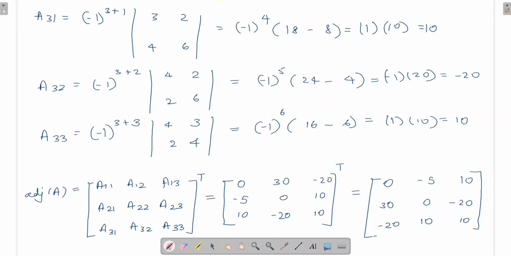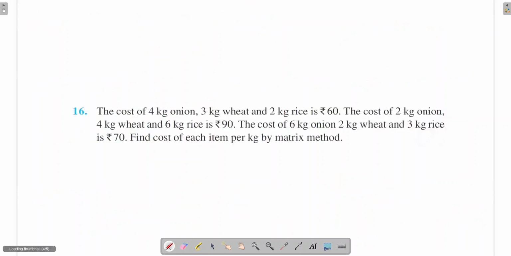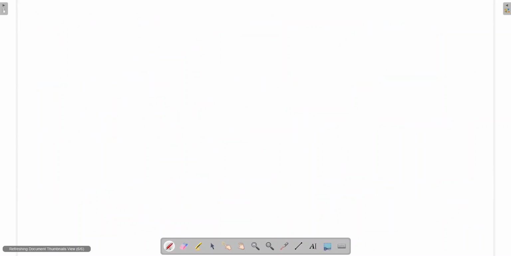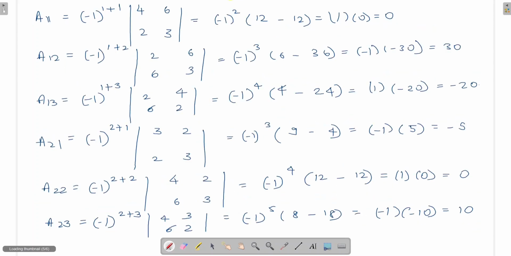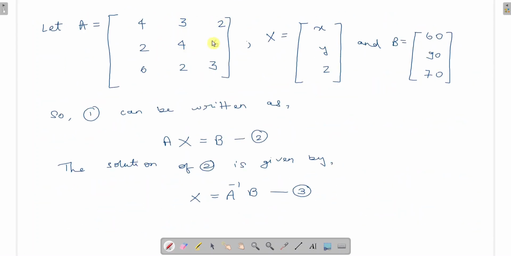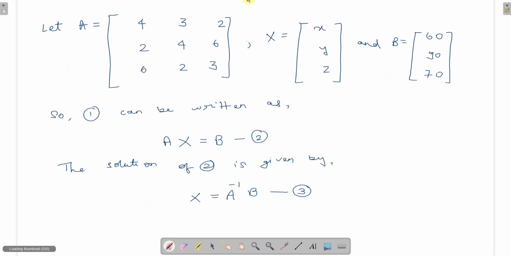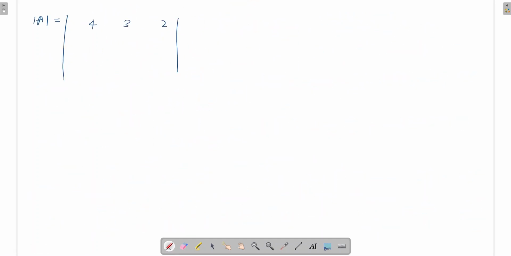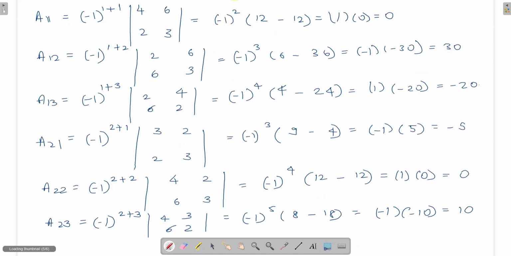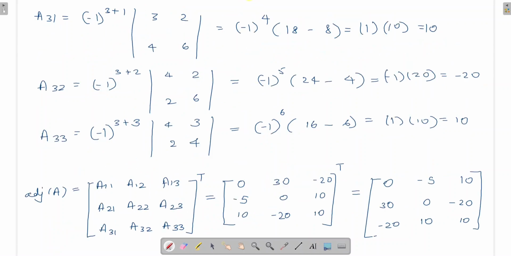Now we can calculate A inverse. But before that we have to calculate the determinant of A. So the determinant of A is equal to the determinant of matrix 4 3 2, 2 4 6, 6 2 3.